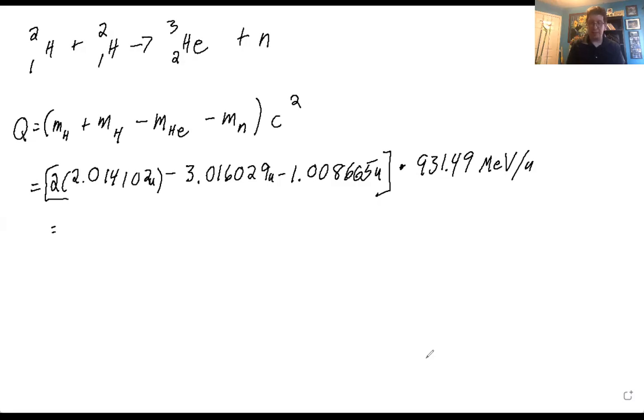And it's a positive number, which means it's going to release energy. So it doesn't require a threshold to happen. And you get 3.270 mega electron volts. That's the Q, the amount of energy that gets released in this particular example.